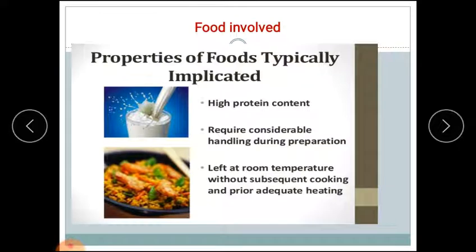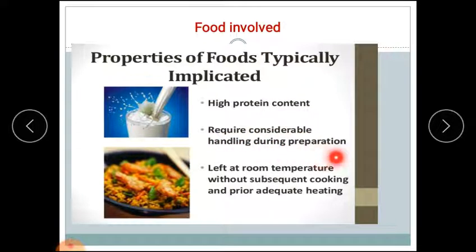Next is, which type of foods involves the presence of the organism, or which type of food supports the growth of Staph aureus and allows it to produce the enterotoxin. Mostly high protein containing food like milk sometimes requires considerable handling during preparation.